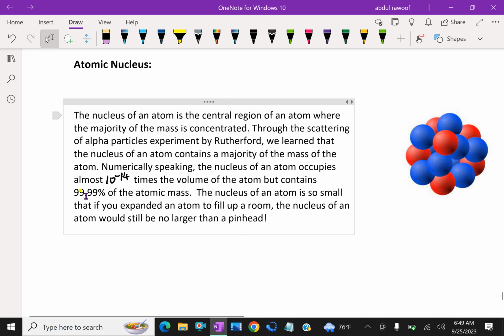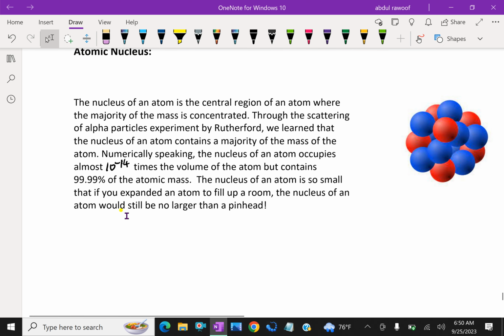Compared to an electron, it is very heavy and its size is very small. If you expanded an atom to fill up a room, the nucleus would still be about the size of a pinhead. That means consider one room as an atom, that pinhead is the nucleus.